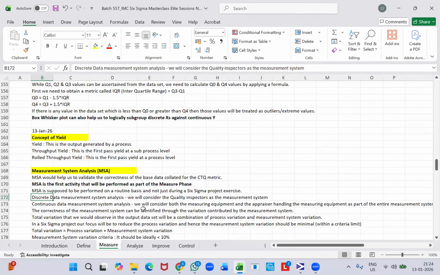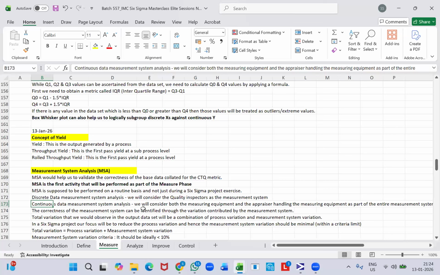But in case of continuous data measurement system analysis, since we would be dealing with measurement values, how will you get these measurement values? You need to measure them using some measuring equipment. And who will handle these measuring equipments? There has to be some appraiser who needs to handle these measurement equipments and then measure the unit item. So in case of continuous data measurement system analysis, there will be two entities which will be part of the measurement system.